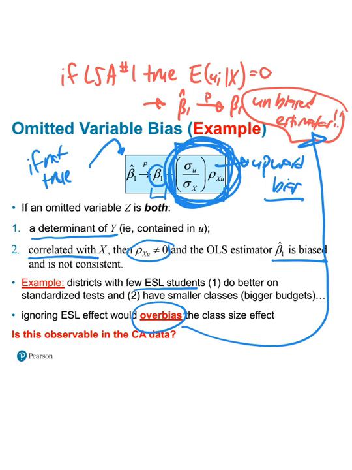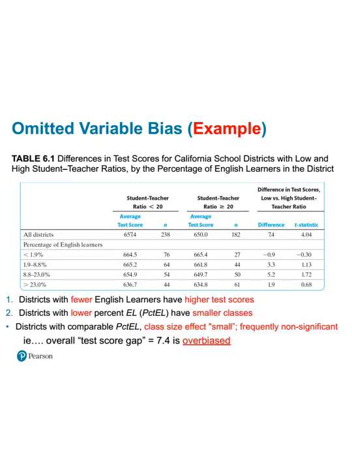Now the question is: is this reality actually observable in the data that we've been looking at in chapter 4 and now in chapter 6? Let's take a look. What you have right here is a table that I swiped from the book. This shows the differences in test scores for California schools with both low and high student-teacher ratios.